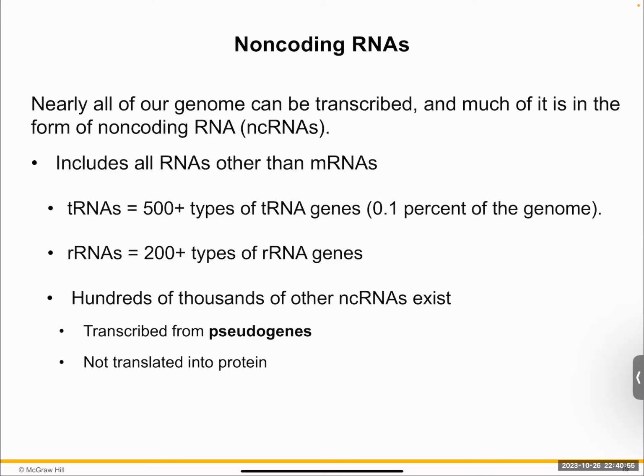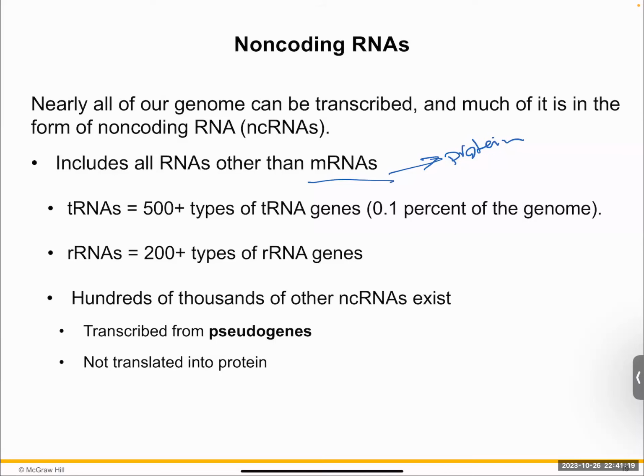And therefore, we call them non-coding, or ncRNA. What does that include? It includes all the RNAs other than mRNA, because as soon as you say mRNA, that means it's encoding for proteins. So we're saying anything that gets transcribed but doesn't get used for protein synthesis.